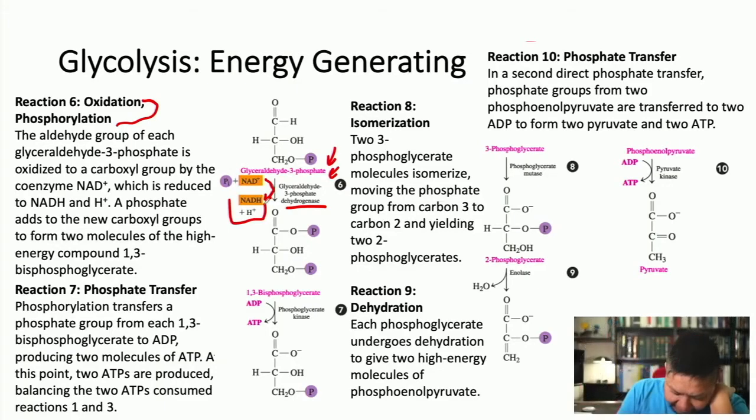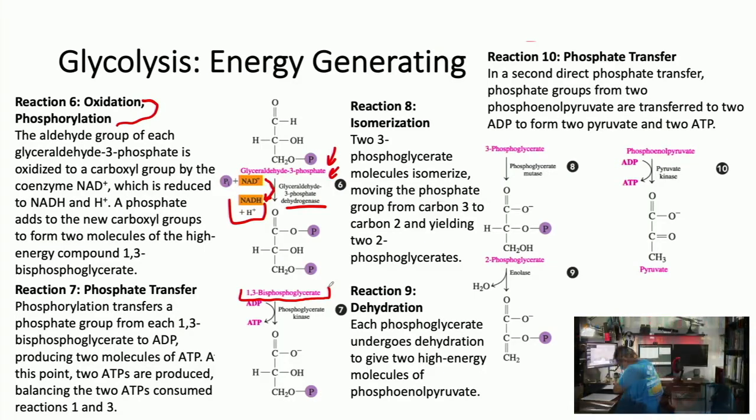After that, our product is 1,3-bisphosphoglycerate. Why is this one so hard for me to say? 1,3-bisphosphoglycerate. That's why I'm saying it wrong. It's not phosphate glycerate, it's phosphoglycerate.